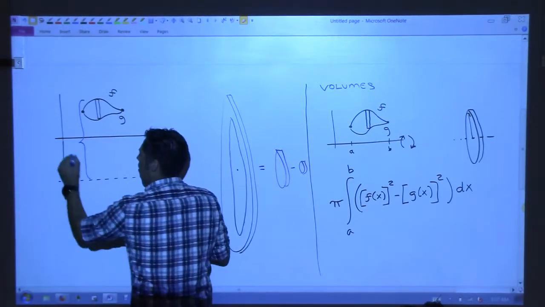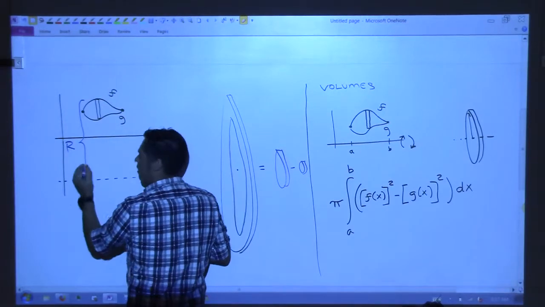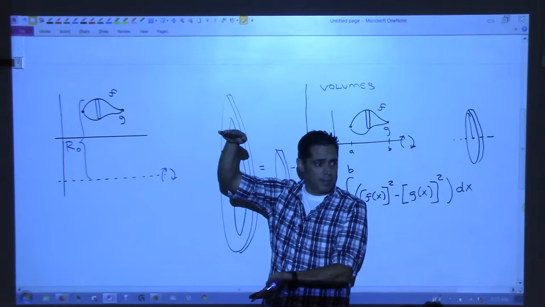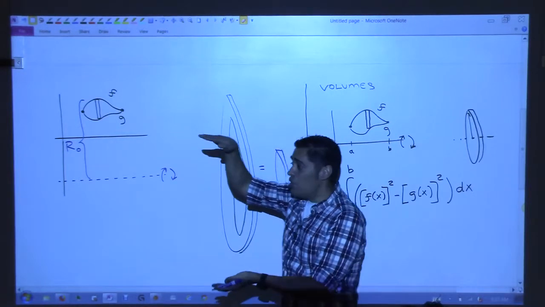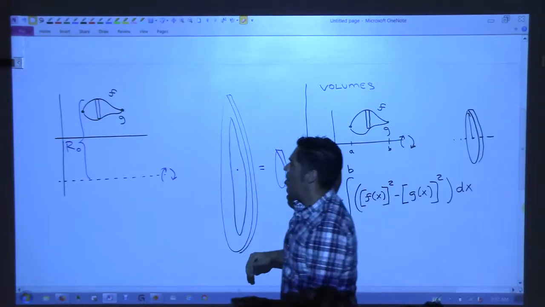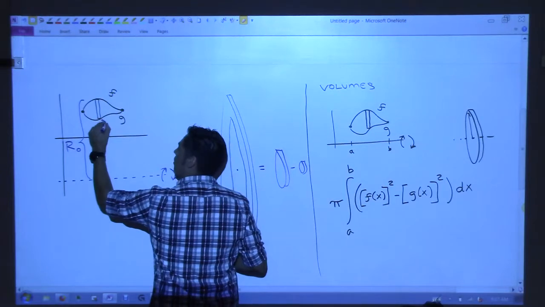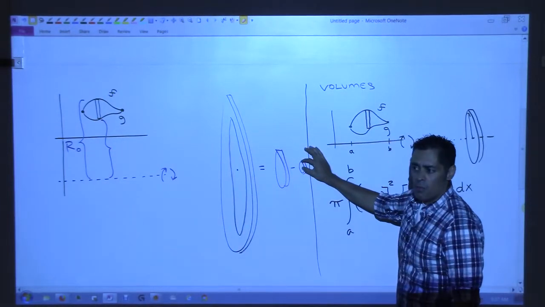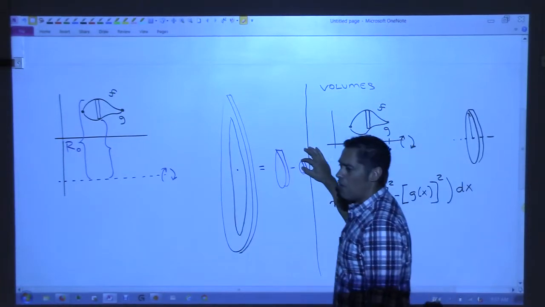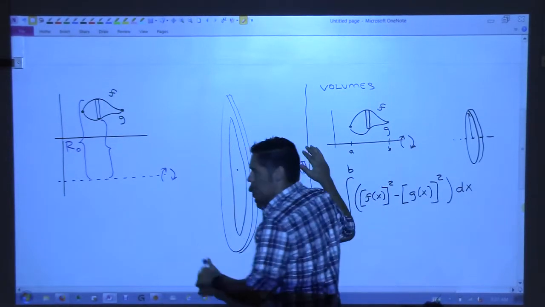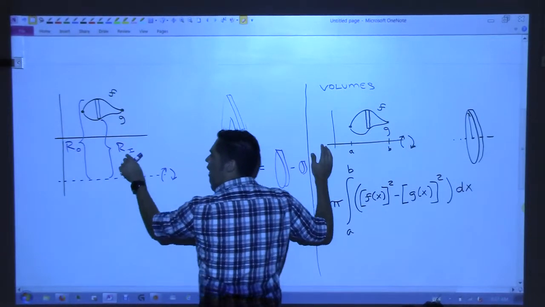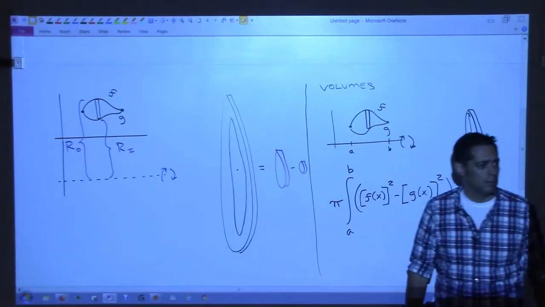I'm going to call that capital R sub O, for outer. That's the outer radius. We're going to need to know what that is. And then we're also going to need to know the distance from here to here, which is the radius of the smaller one. I'm going to call that capital R sub I for the inner radius. So the O is for outer, the I is for inner. With me? Okay.